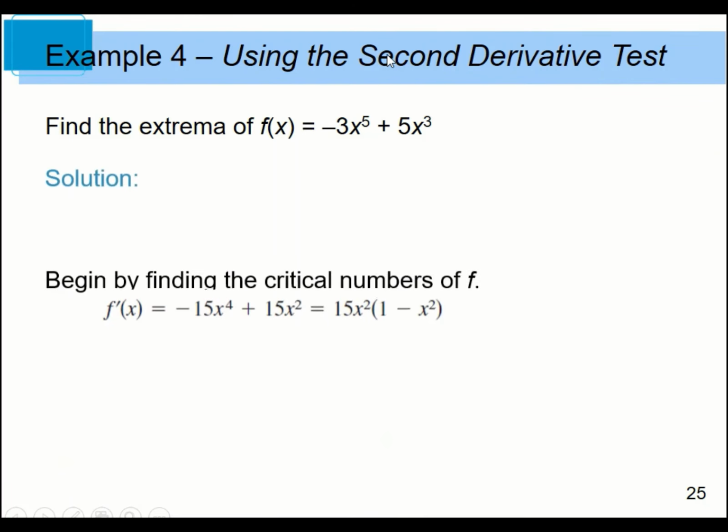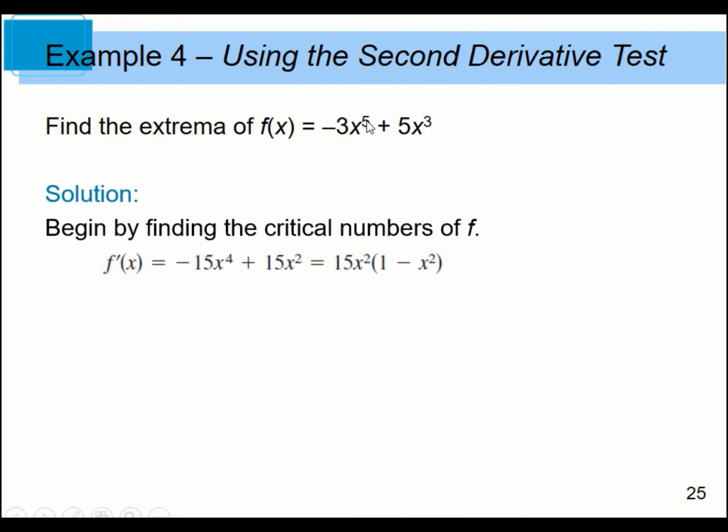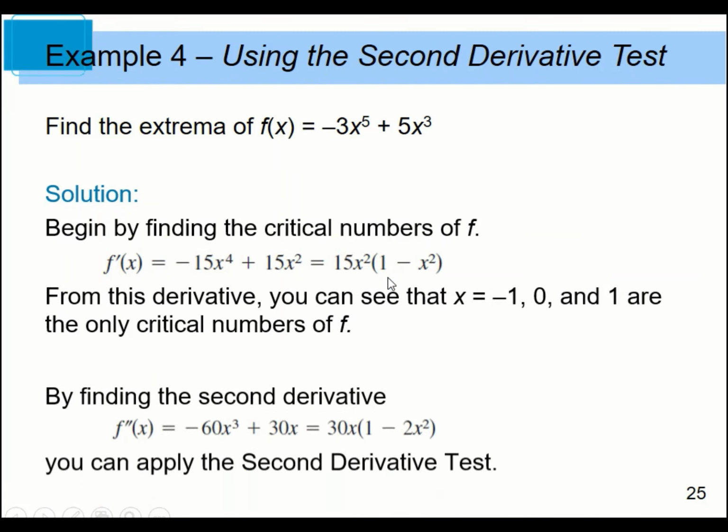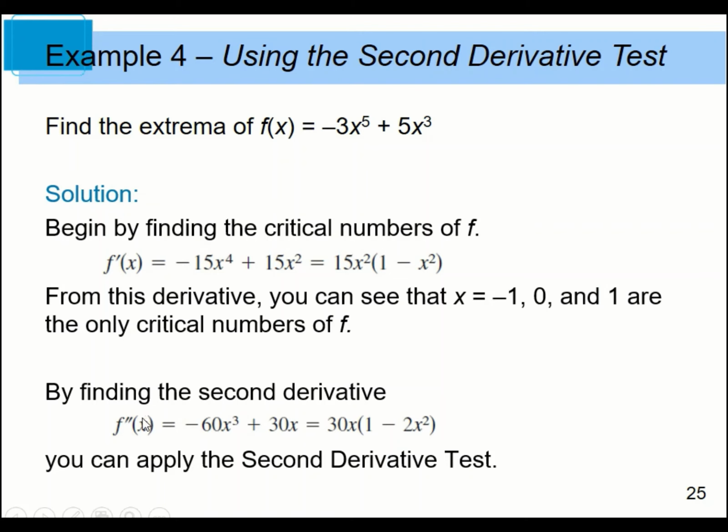We differentiate the first time: we have 5 times 3, negative 15x to the power 4, and 3 times 5, 15x to the power 2. This is the first derivative. After that, we differentiate another time. We have the second derivative: 4 times 15 is negative 60, 2 times 15 is 30.